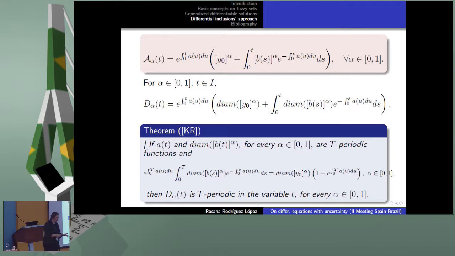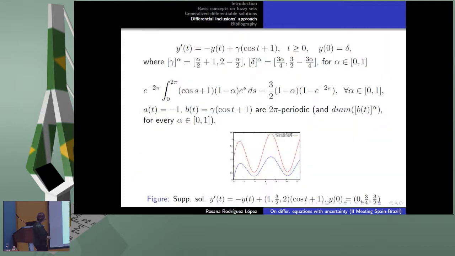What do we understand by periodicity? We understand that the attainable sets, where we start in a collection of initial points and let the flow be determined, what is called the attainable set, is periodic. It is much simpler to study conditions that guarantee the periodicity of the solution from the differential inclusions approach.